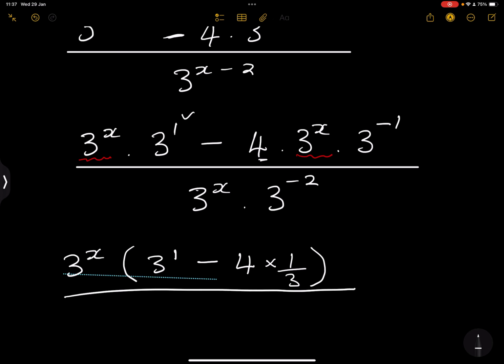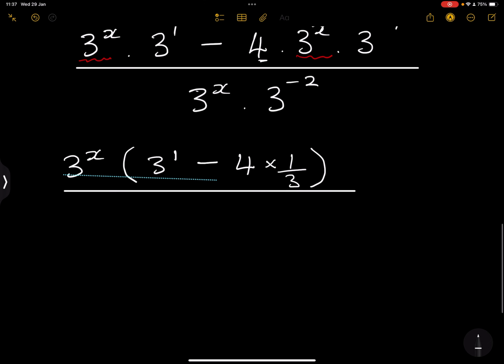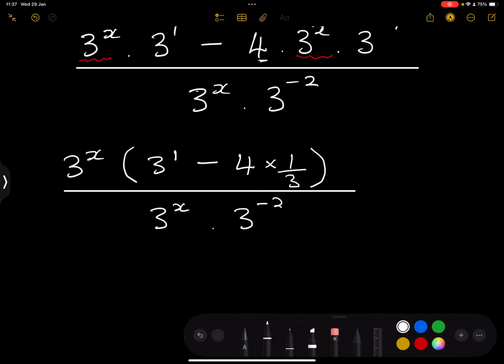So now, let's quickly have a look at it. All right, so we now at the bottom have 3 to the power of x times 3 to the power of negative 2. If you want to, we can actually write this as 1 over 3 squared. Okay, we'll do that later.